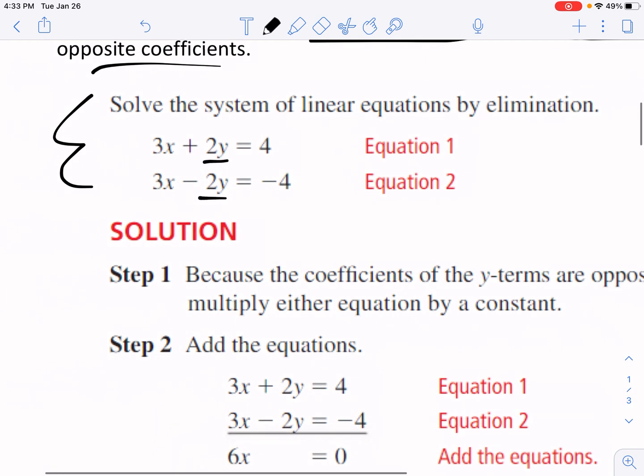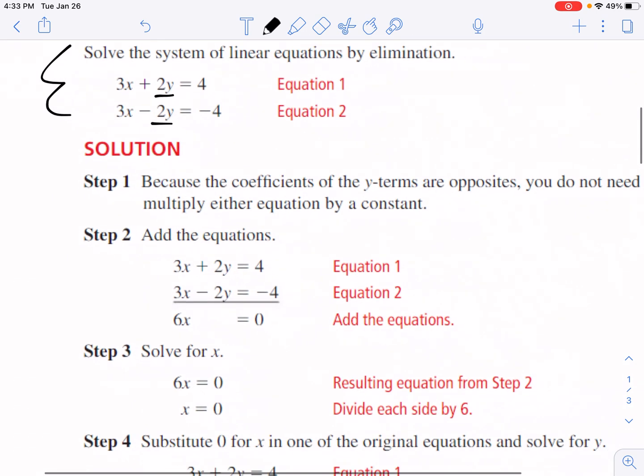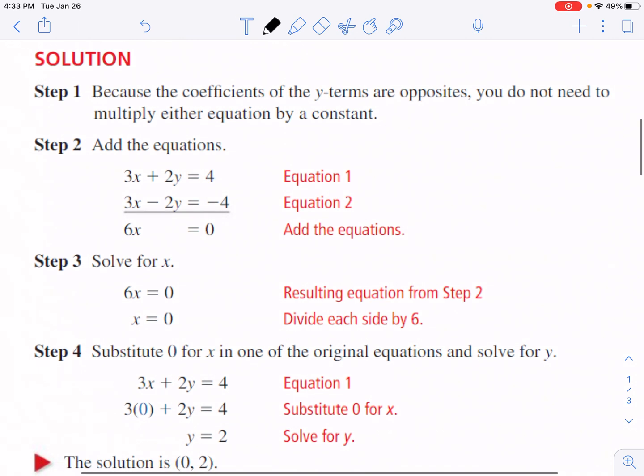So one example of applying elimination here is, once we find our opposite coefficients, we could add these equations. Sometimes we'll look at subtracting later, but we could add these equations together, in which case, if I added 3x and 3x, I would get 6x. And opposite coefficients, this is why we're looking for them, they cancel out, okay?